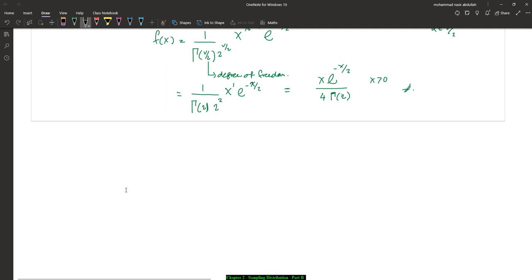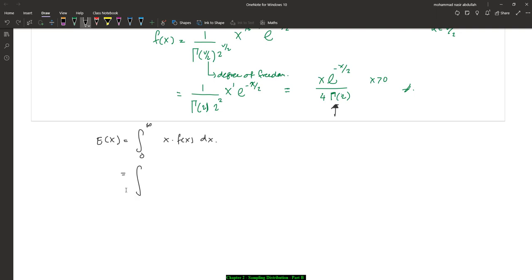To prove that this one is having chi-square with 4 degrees of freedom, expected of x is equal to the integration from 0 to infinity of x multiplied with f x with respect to x lah.